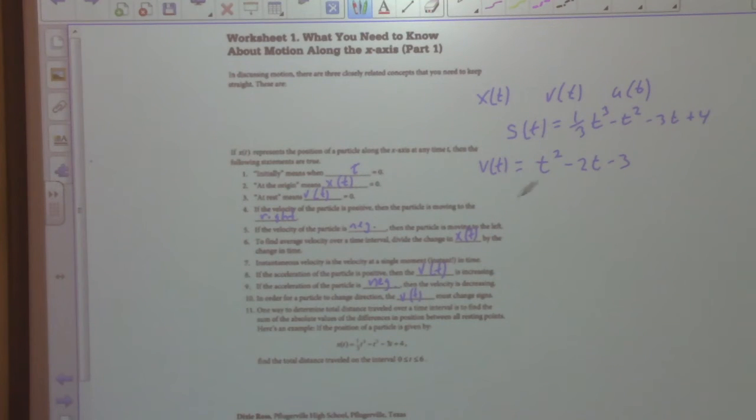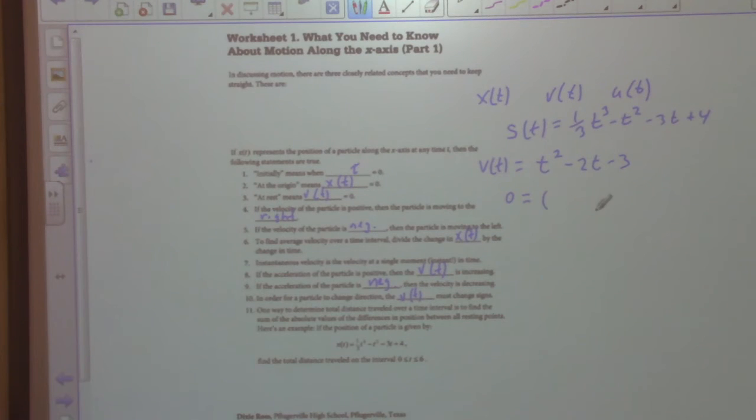And then what's the next step here? To find critical numbers. How do we find critical numbers? Set equal to 0.